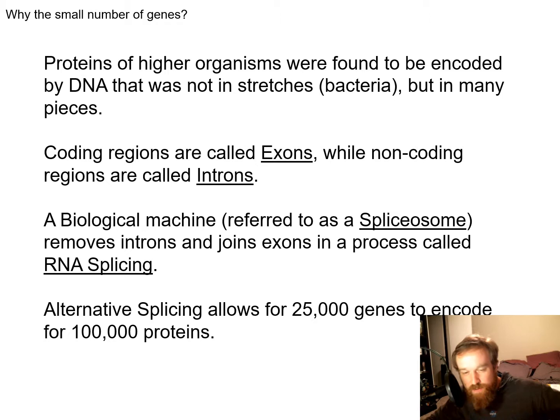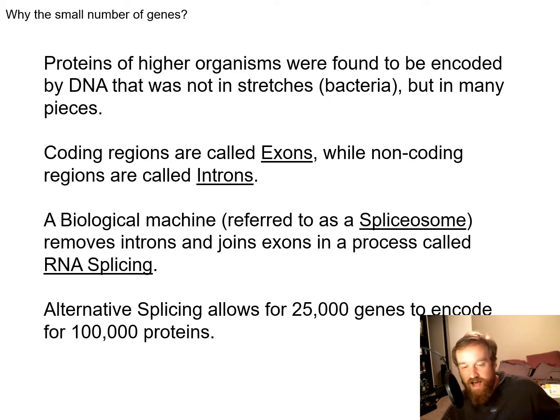They are spacers in between exons, and when genes are transcribed, we can have a process called alternative splicing. Alternative splicing is mixing and matching the exons from a gene to make different protein products.